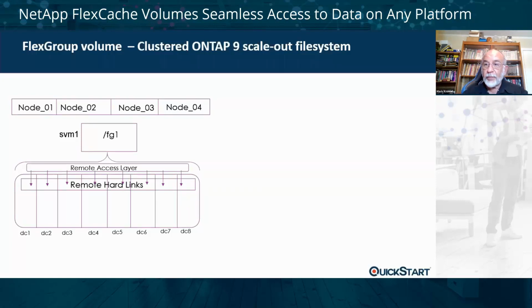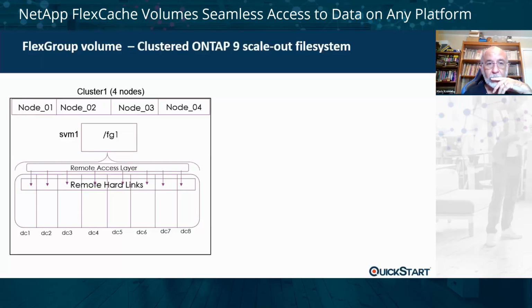And so it is made up of potentially many member volumes, but the big advantage of FlexGroups was this remote access layer, which allowed us to have pointers to different locations inside the cluster and basically transparently pull that data from whatever the respective location was. So we're going to extend that remote access layer and those links out across clusters instead of just within clusters as we did with a FlexGroup volume.